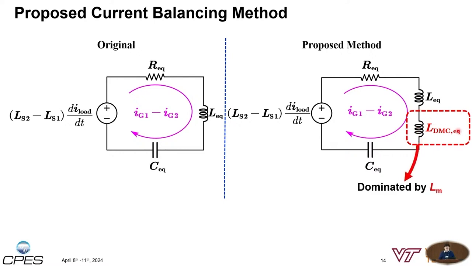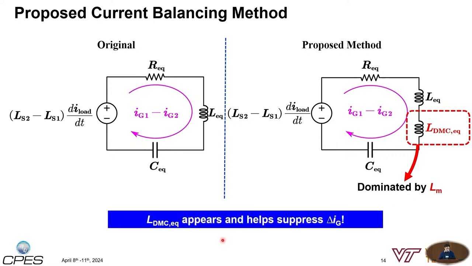This value is dominated by the differential mode choke magnetizing inductance Lm. So this Lm appears in this term and helps suppress the differential gate current, which eventually leads to the balanced drain current.